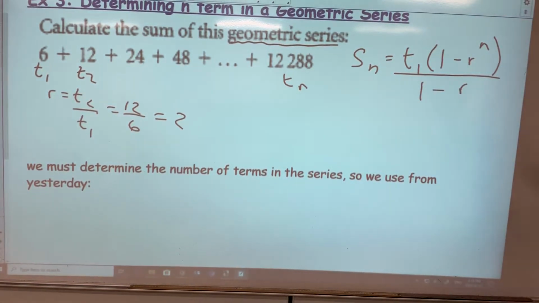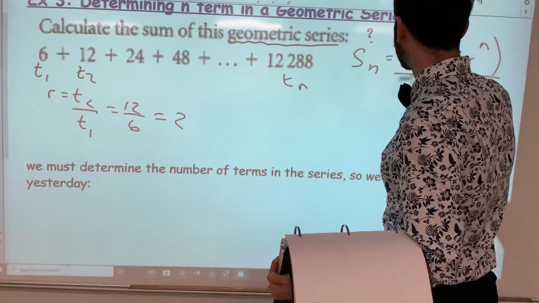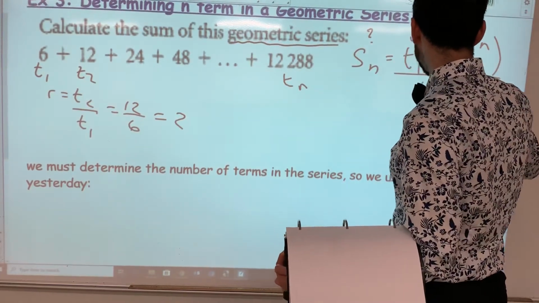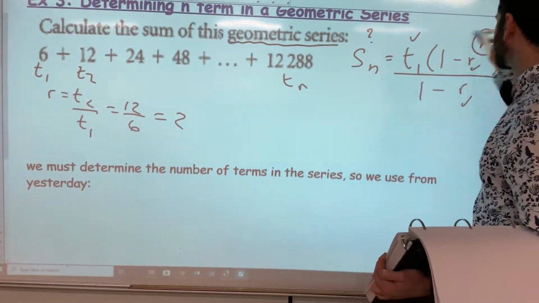Okay, so do we have all the info we need? Is that even the formula? Yeah, that's the formula. So I think we do. We just have to find n, right? So we're trying to find the sum. We're trying to find this. We know this. We know r. Do we know this?